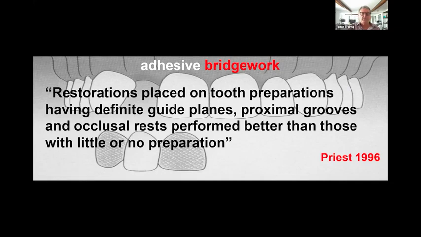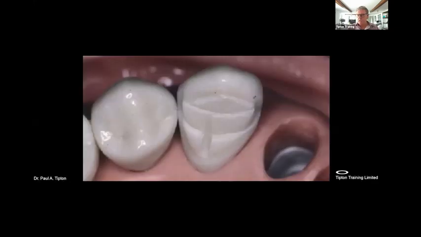So what are these tooth preparation features that we can use? And I will draw your attention more to the lower, where we usually do more preparation more often than the upper, because the lower is in tensile stress. So let us just imagine now that we're going to do a lower, let's look at a worst case scenario. We're going to do a lower canine to canine bridge.